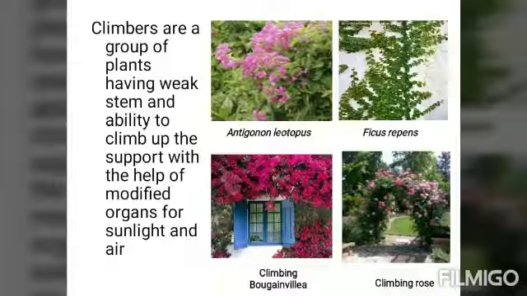Tendrils, like the first one, Antigonon leptopus. Then the second is hook-like thorns, the Bougainvillea, or climbing rose, which I have put last. And for rootlets, the example I've given is Ficus repens.